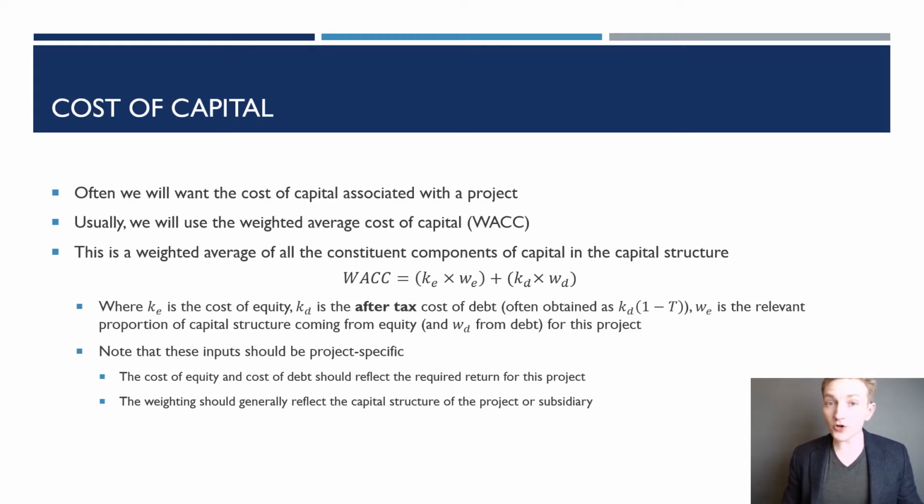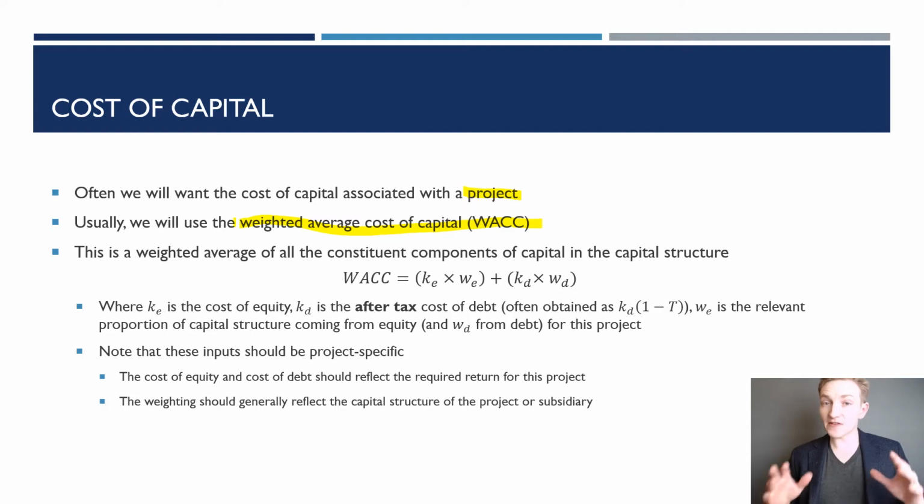So therefore, we're often going to need to do this at a project level as opposed to at a firm level, i.e., you don't just use the one cost of capital for all projects the firm might undertake. Now, usually we're going to start off with the concept of the weighted average cost of capital, otherwise known as WACC.